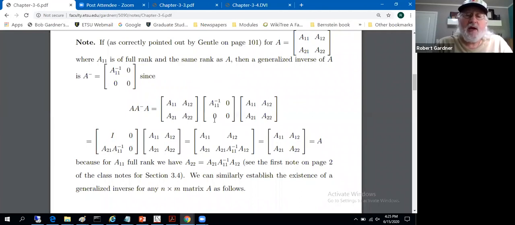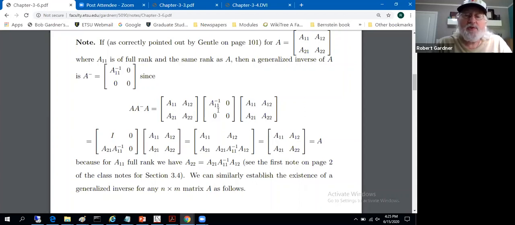First row, first column will give us an identity matrix of size R by R, if that's the rank of A. First row, second column will give us zeros. Second row, first column, a little more complicated: A sub 2,1 times A sub 1,1 inverse plus 0. So we'll have this entry here. Second row, second column, the zeros will produce a 0 down here.